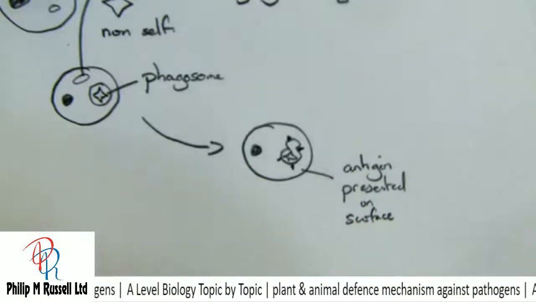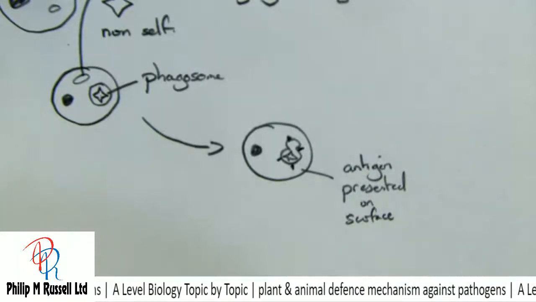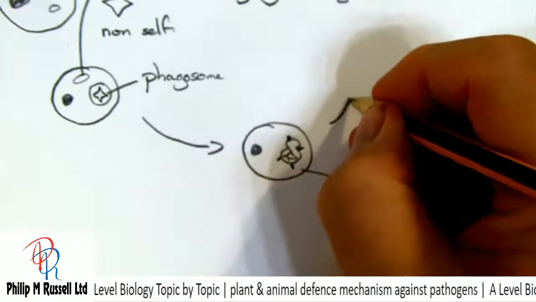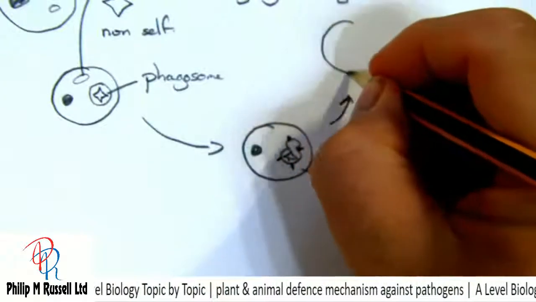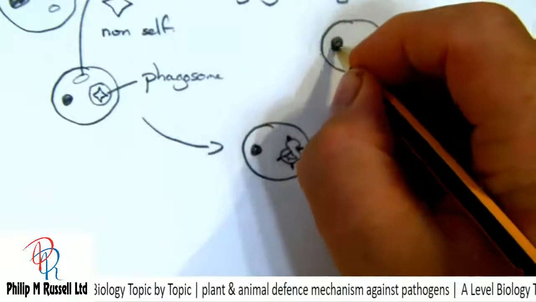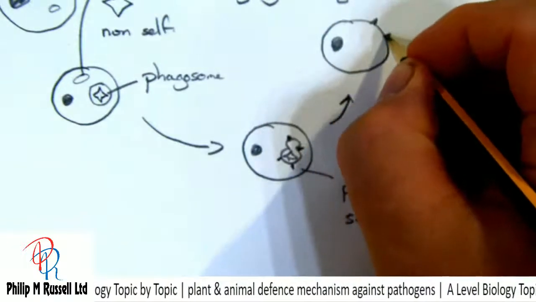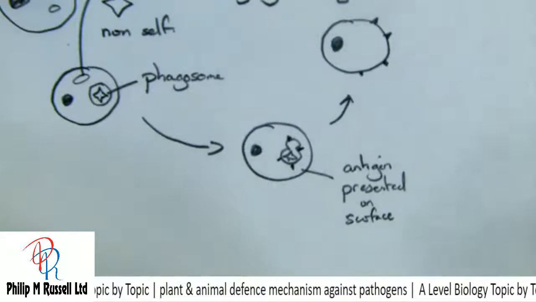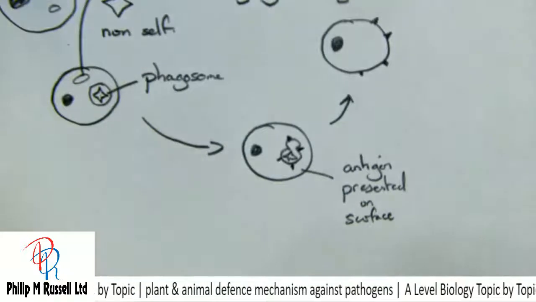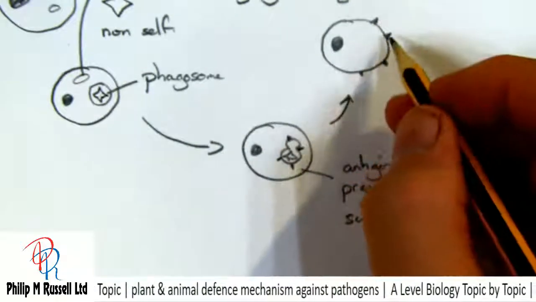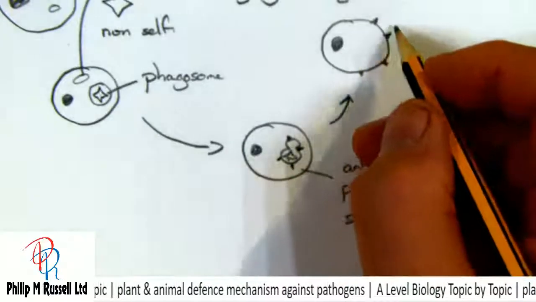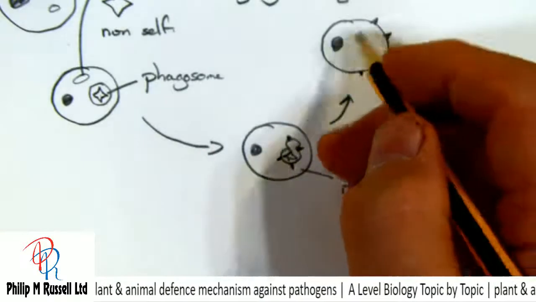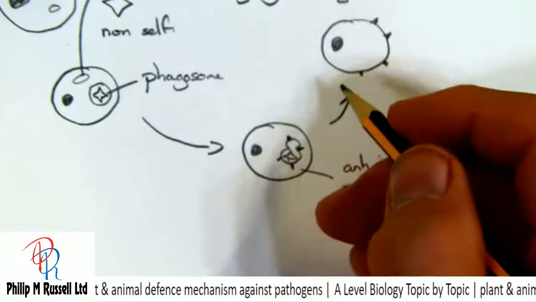With the antigen presented on the surface, we can now move to the next stage, where the phagocyte puts those antigens onto the surface, and these then can be used to stimulate other cells to identify and produce particular things to stop this. And that's going to be our immune response, which we'll look at.